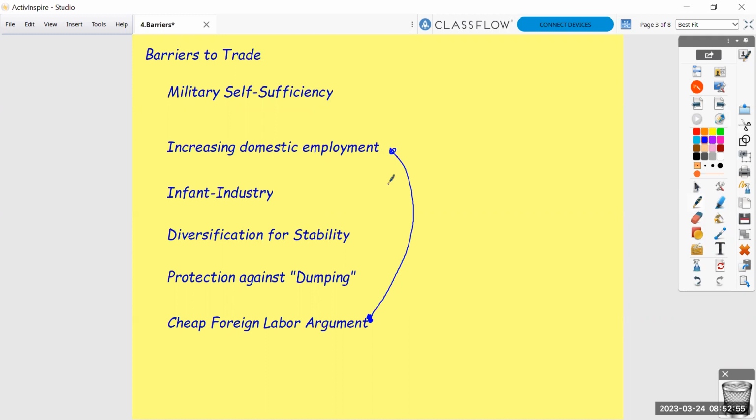We had no cell phones. We just had those landlines that were connected to the wall or to a wire. So that industry that was just starting out, the research and development, that's called an infant industry. A government might want to protect that industry to let it grow so that it could be more competitive with the international scene. So we'll put trade barriers in place to protect that industry until it is old enough to compete.